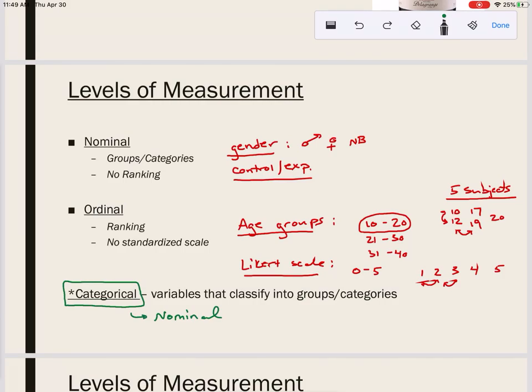So if you hear someone say it's a categorical variable, just look at the word itself: categorical. People fall into categories. They're usually referring to nominal. But it could also be ordinal. So sometimes an ordinal variable can be categorical.